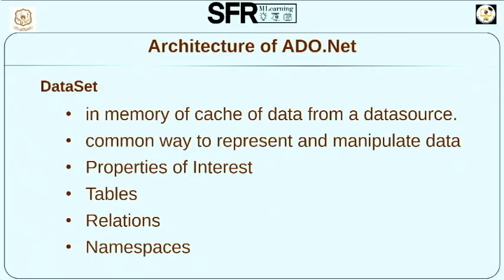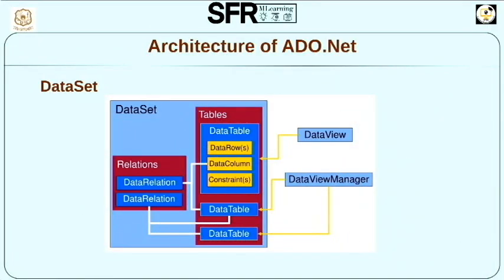Namespace gets or sets the namespace of the dataset. This is the view of a dataset which contains tables. The table includes a data table, and the data table communicates with data relation, and there is another one called data view.